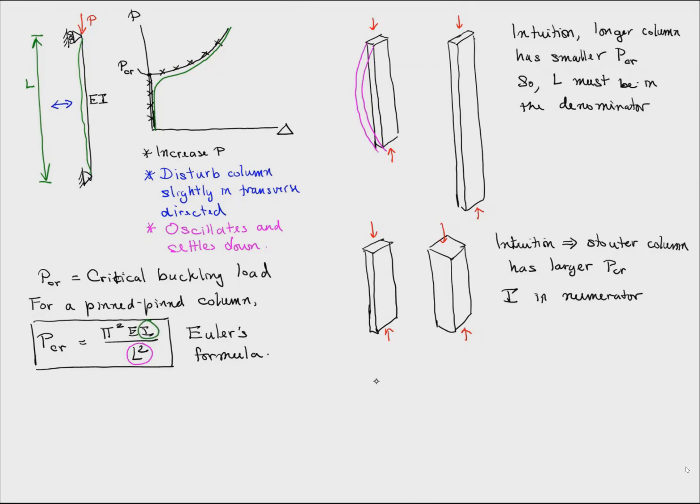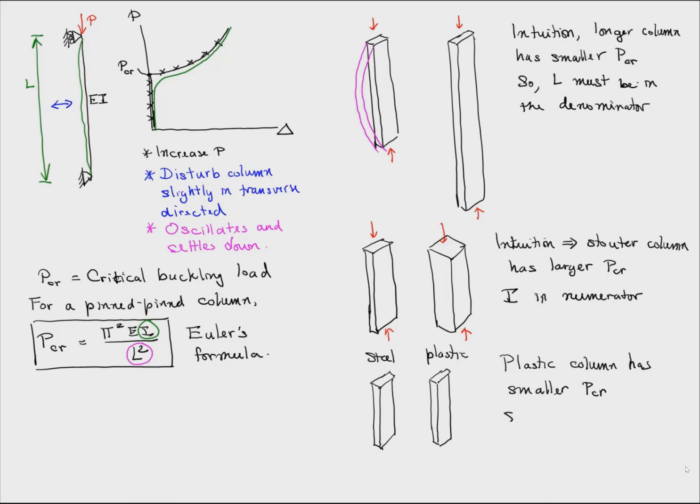Lastly, if we take two columns, same cross section, same length, one made out of steel and the other made out of plastic. Again, intuition says that the plastic column has smaller critical buckling load.